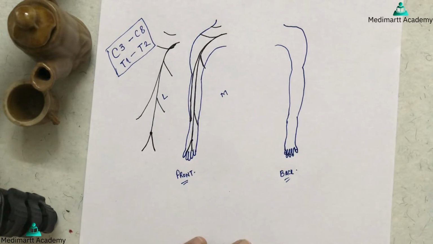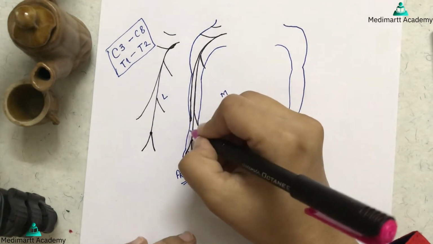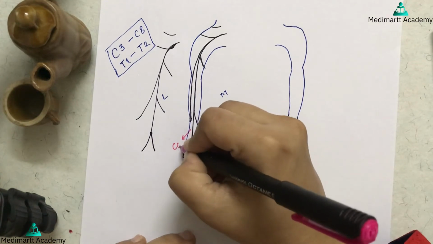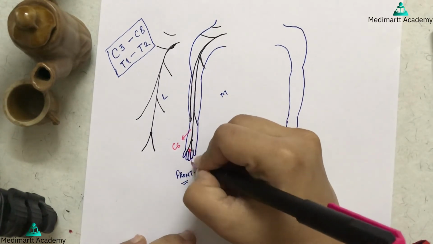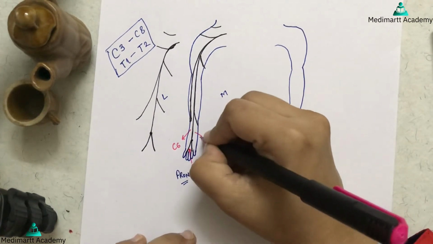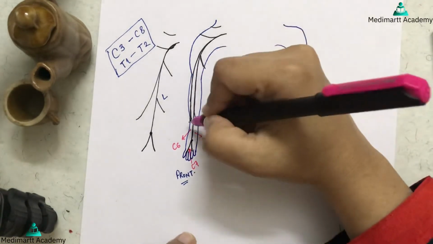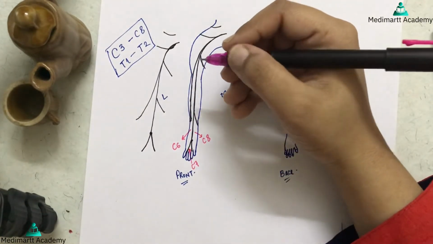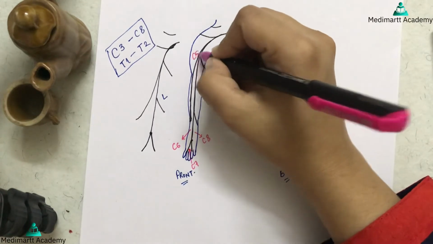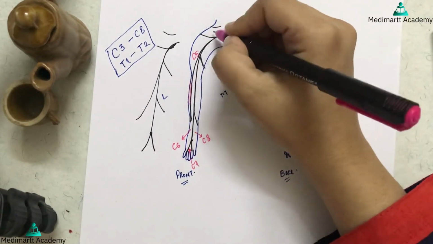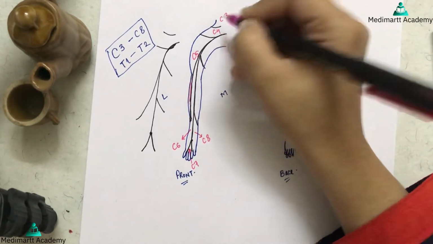Now I'll do the labeling. As I told you, on the thumb side what will be there? Cervical 6. This is cervical 6, this part cervical 7, this is cervical 8. Above cervical 6 it will be cervical 5, and obviously this whole area is cervical 5. This is cervical 4, this is cervical 3.